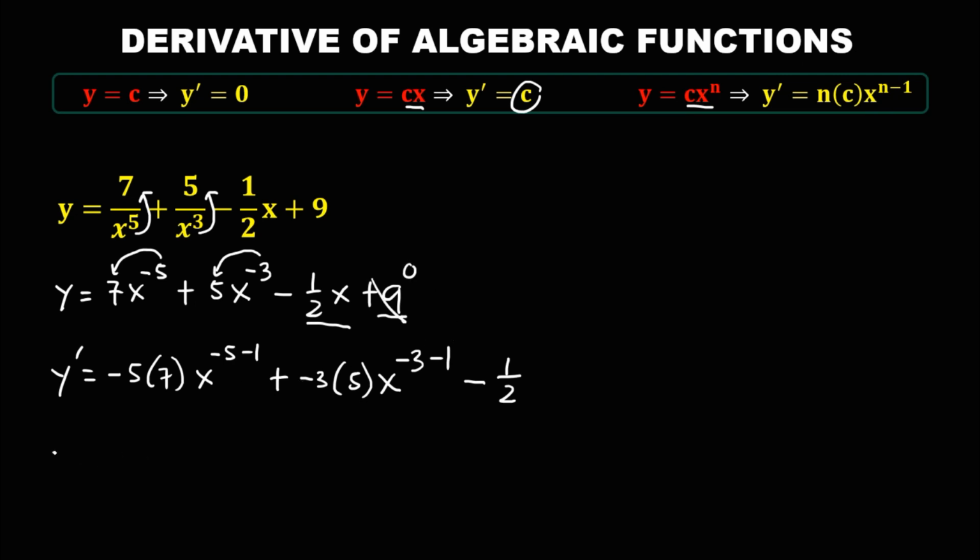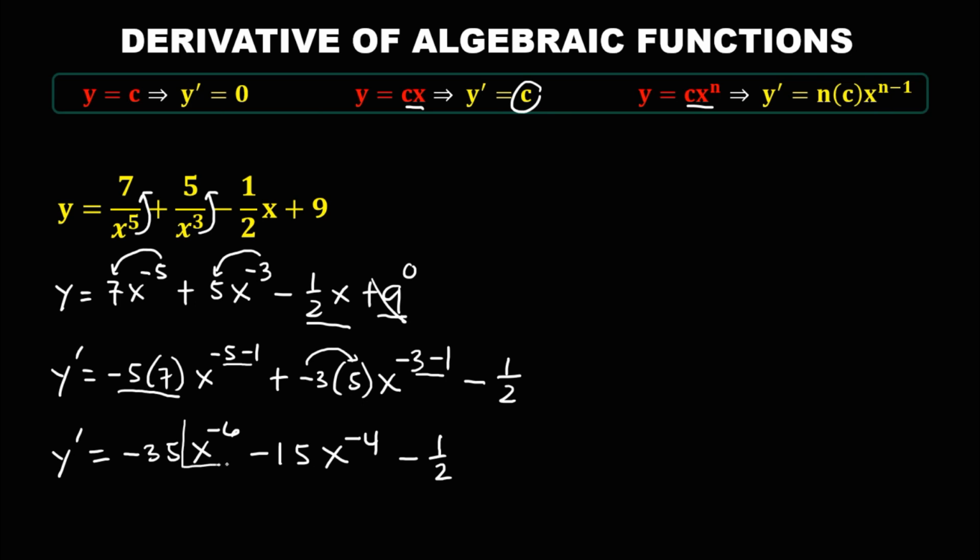Then to simplify, we have y prime equals negative 5 times 7, that's negative 35. Then x to the negative 5 and negative 1, that's negative 6. Then for this, negative 3 and 5, that's negative 15. Then x to the negative 3 and negative 1, that's negative 4. Then minus 1 half.